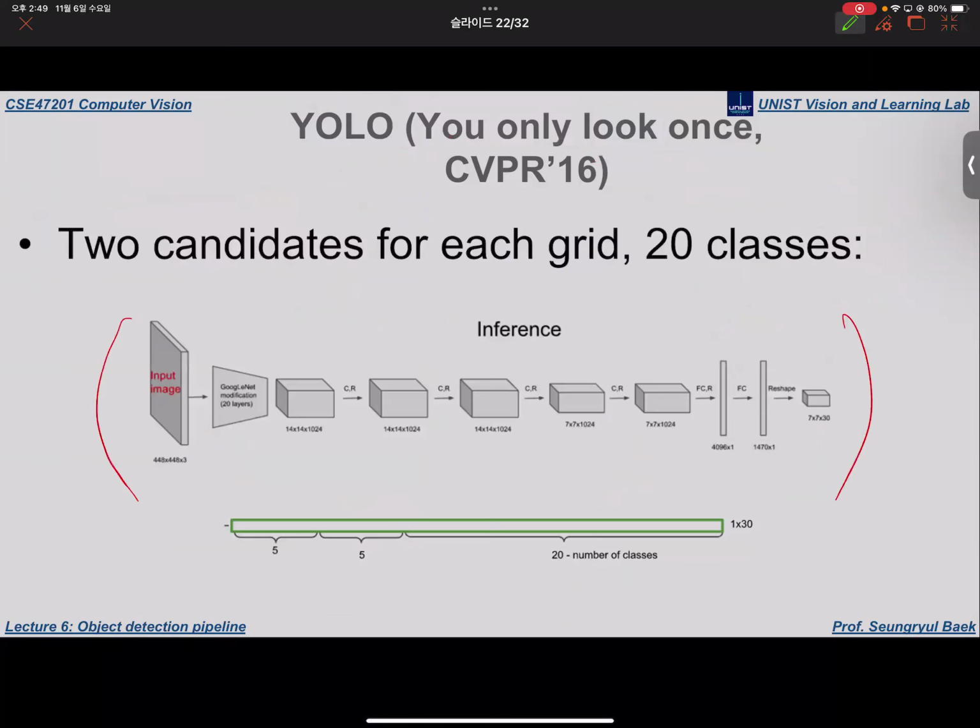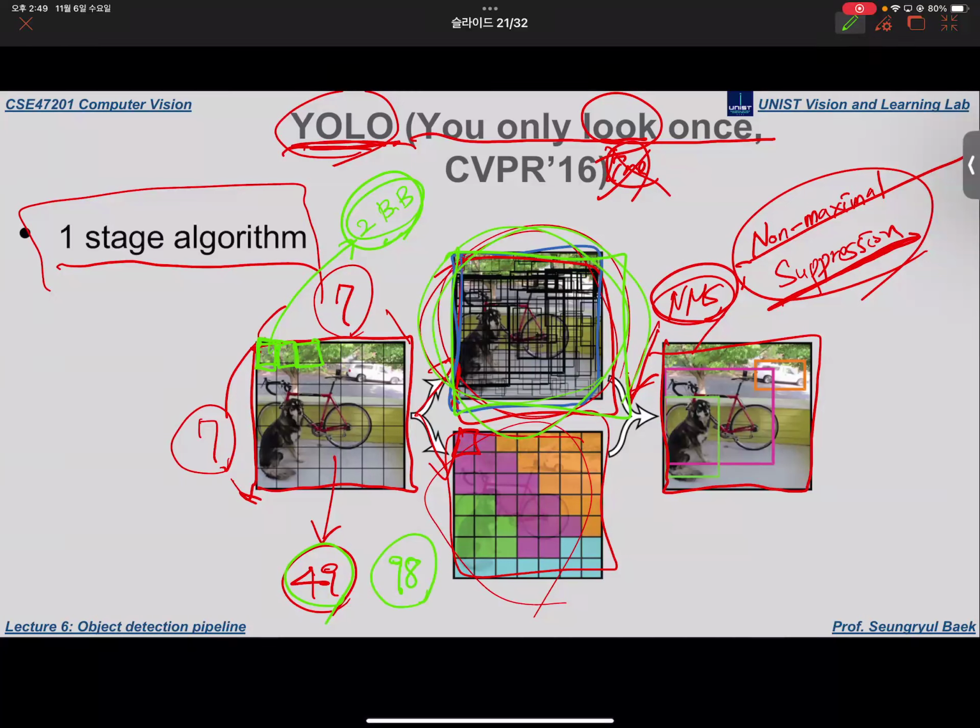Another thing we estimate, for each grid cell, is the class probability for semantic classes. The color in each region denotes that some specific semantic class object is there. This pink may denote the bicycle, the orange color may denote the car, and green may denote the dog.